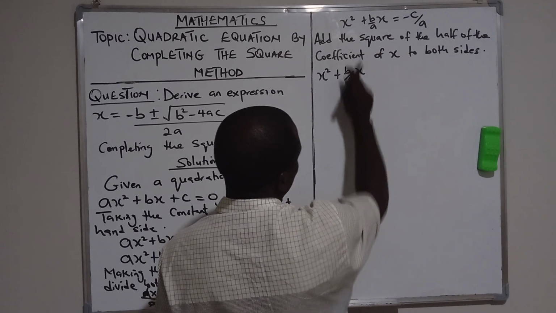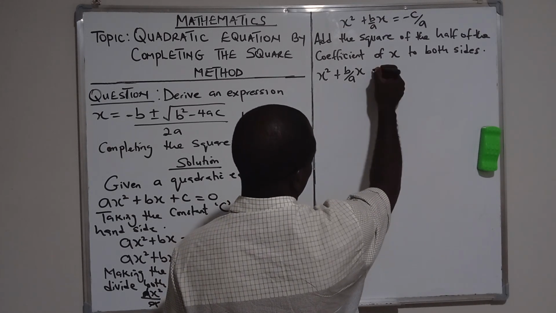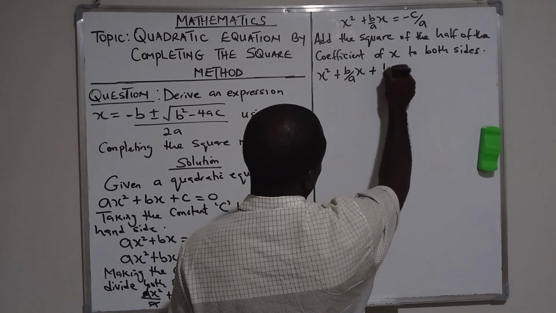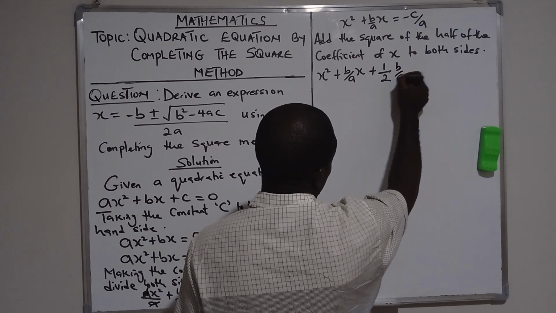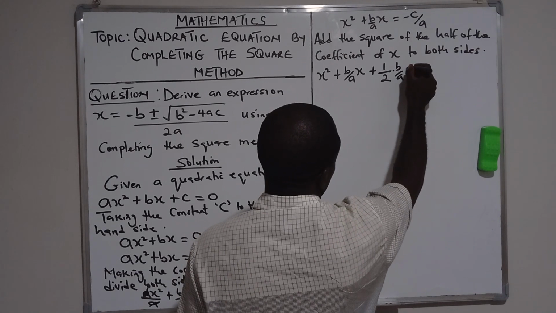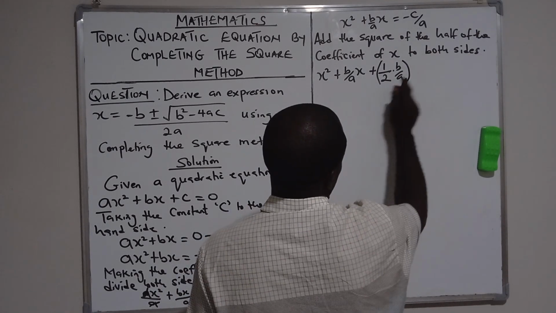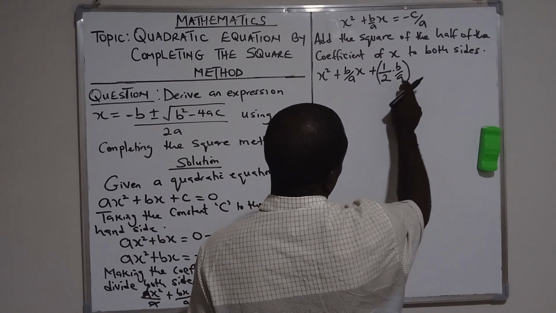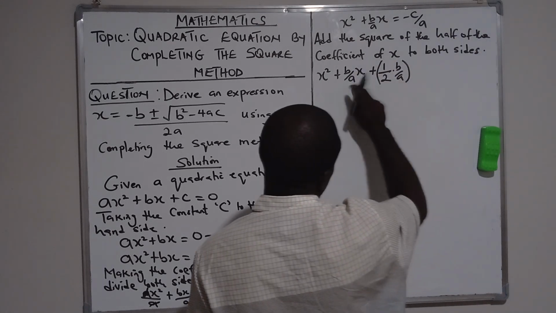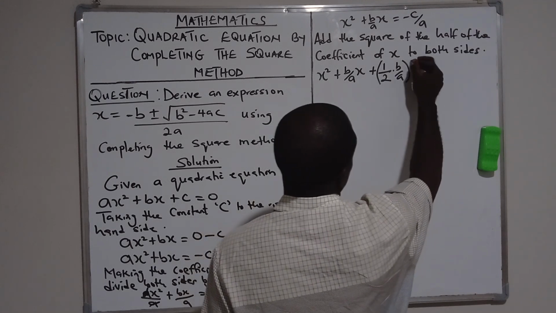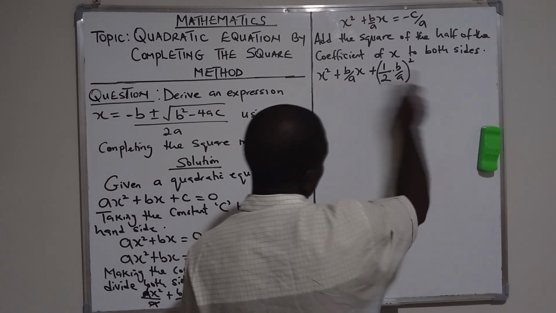The half of this is just 1 over 2 times b over a, and you square it: plus 1 over 2 times b over a, squared.